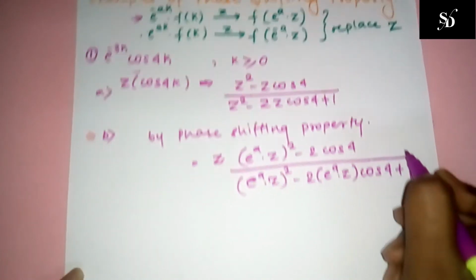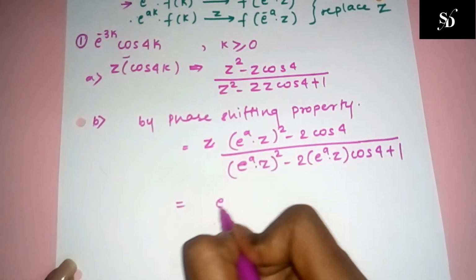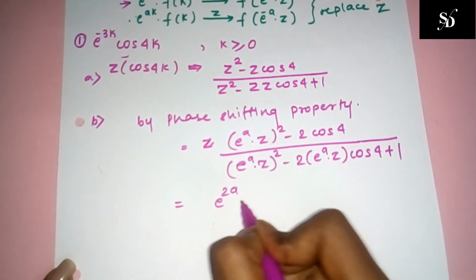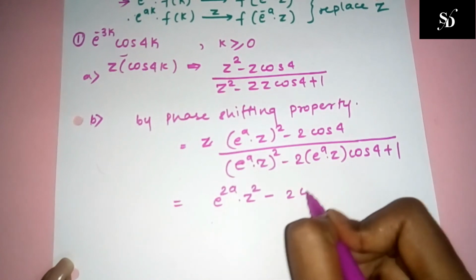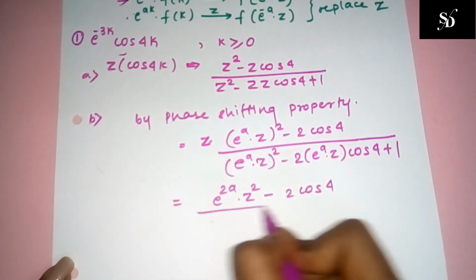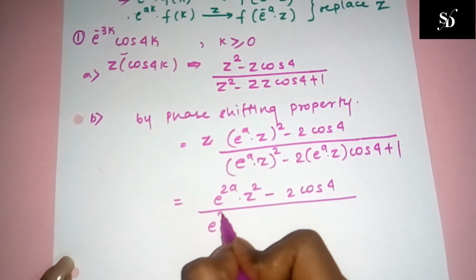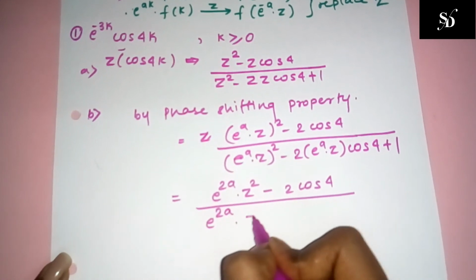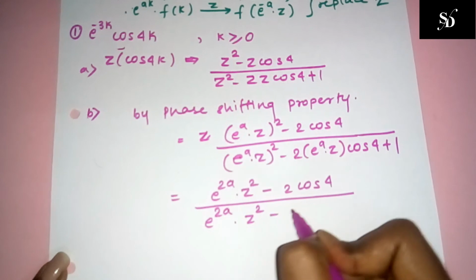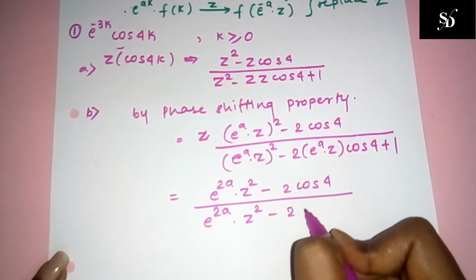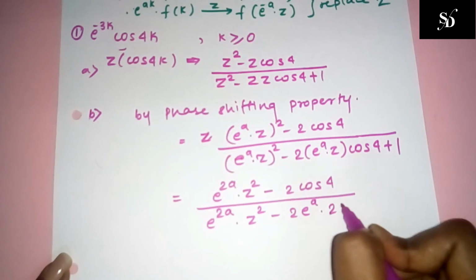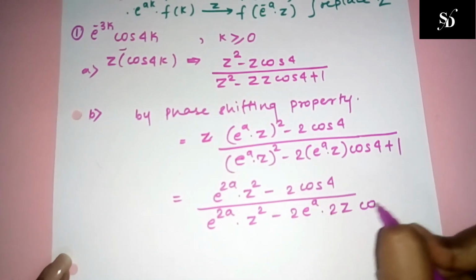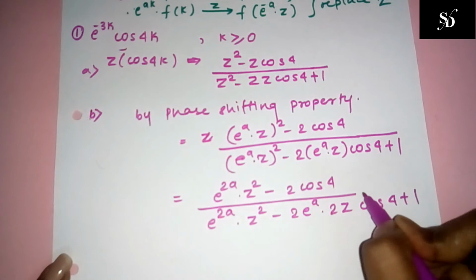Now we have to simplify this. That is e raised to 2a into z square minus e raised to a into z cos 4 upon e raised to 2a into z square minus 2 e raised to a into z cos 4 plus 1.